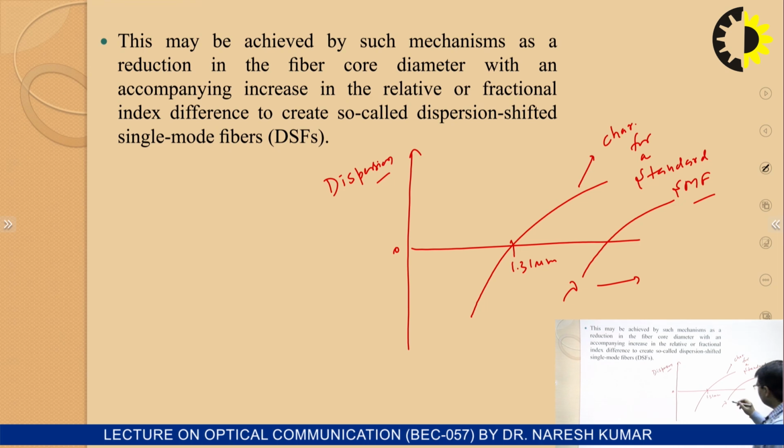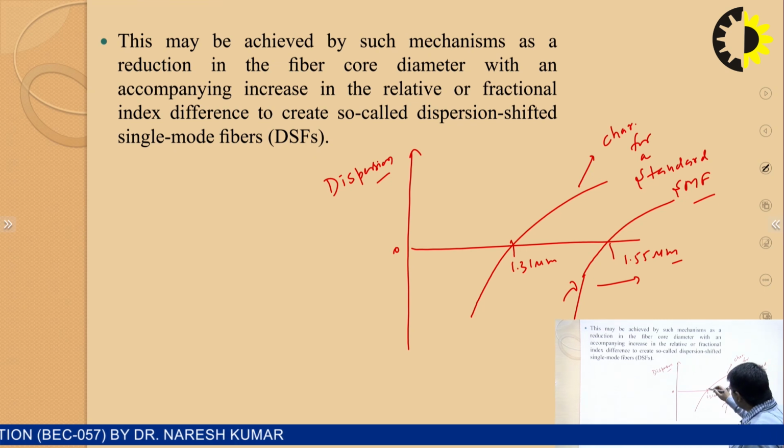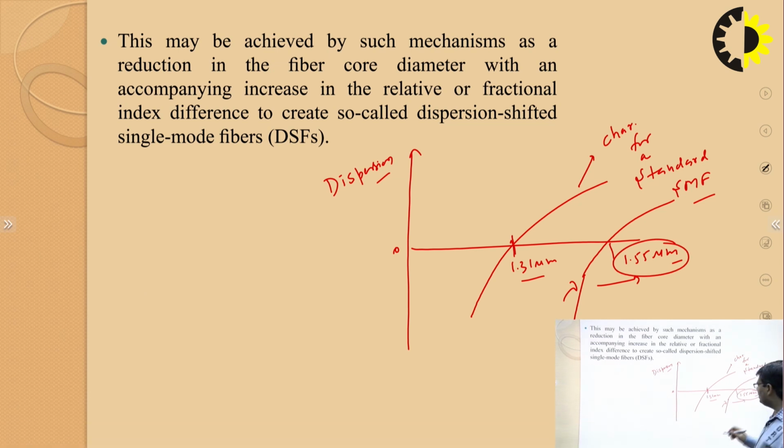At this point it is 1.55 micrometer. So the zero dispersion point has been shifted from 1.3 to 1.55 micrometer, because we know that at 1.55 micrometer we have attenuation also at minimum.